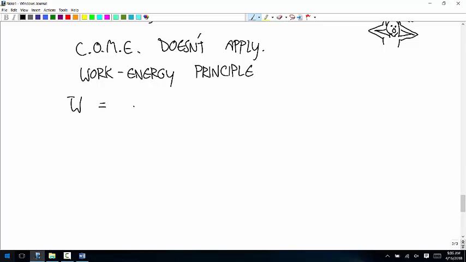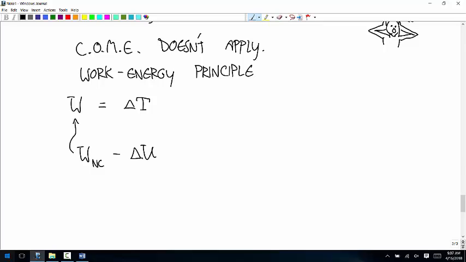Total work is equal to the change in kinetic energy. And so you can think of this work as the work done by non-conservative forces minus the change in potential energy, right?